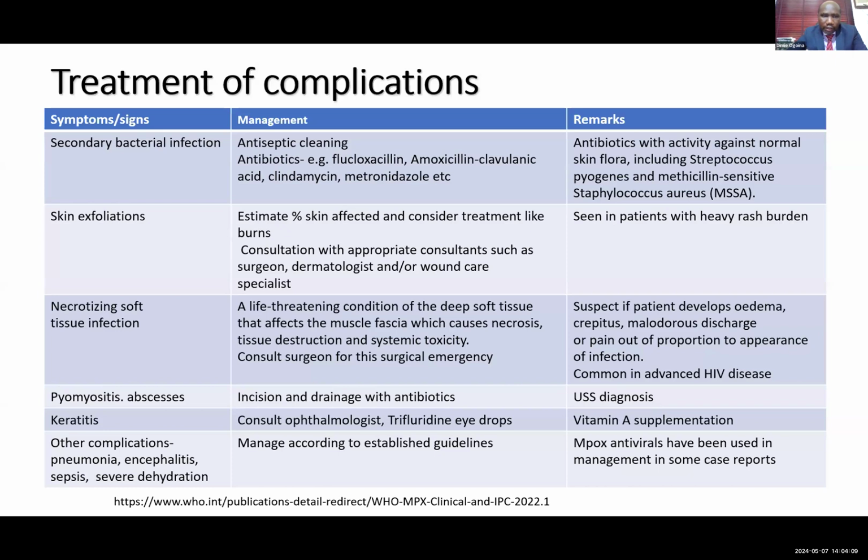It's important you clean the lesions when you suspect secondary bacterial infection. Then you consider antibiotics that are more likely to address the skin flora: flucloxacillin, amoxicillin-clavulanic acid, clindamycin, especially when you suspect some drug resistance that may make the other drugs not useful. Sometimes we even give metronidazole, depending on the risk of exposure the patient has.